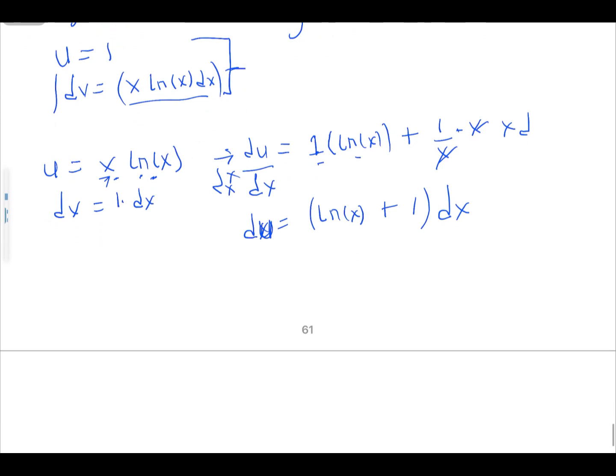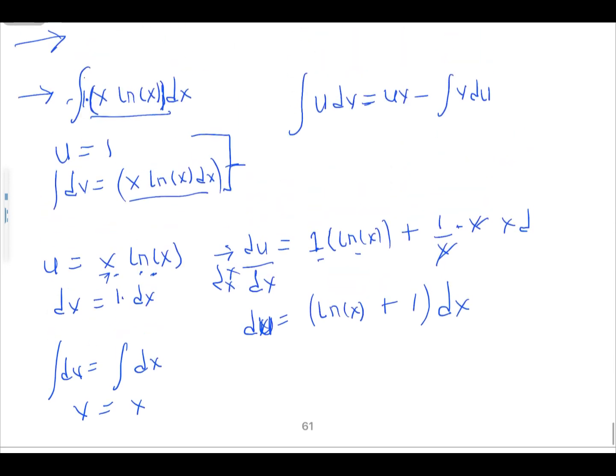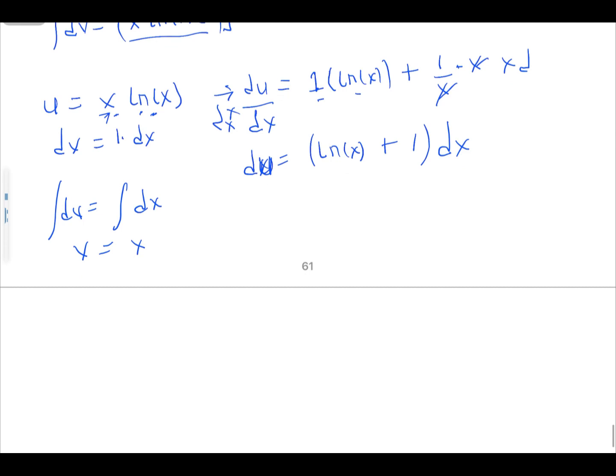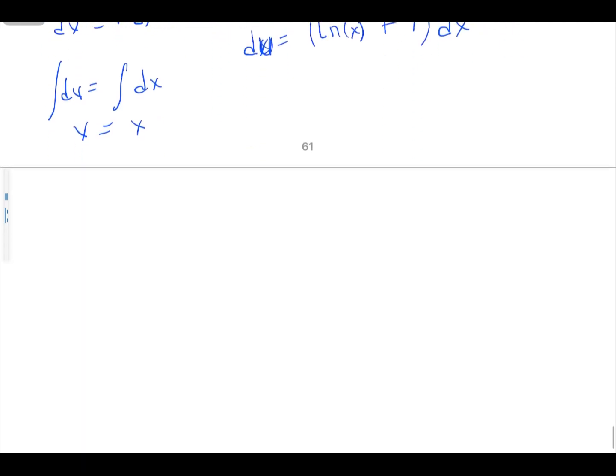So this is what we have for our du. And then our v: we have our dv equal to dx, and when we integrate both sides, we get our v equal to x, because based on this formula, we need v from it.